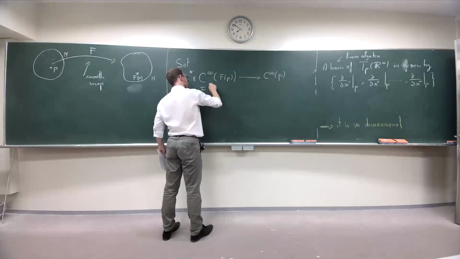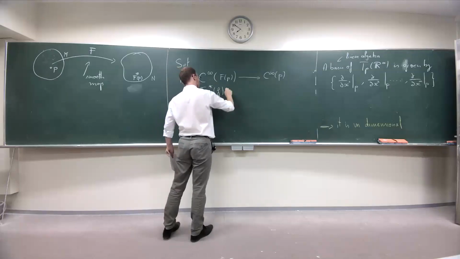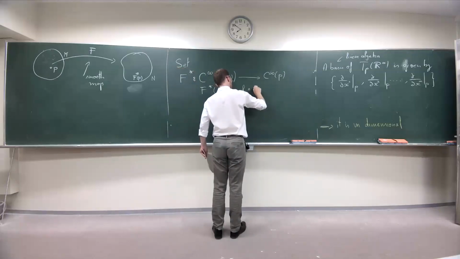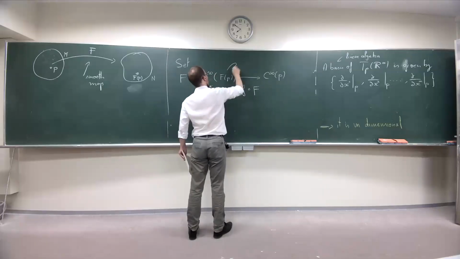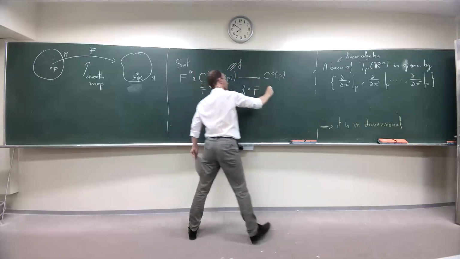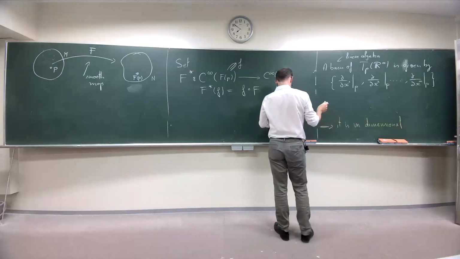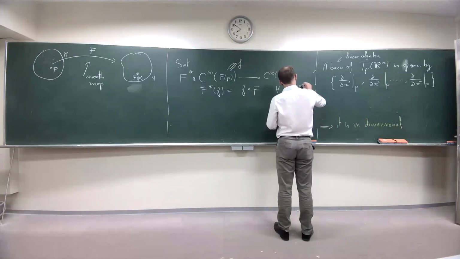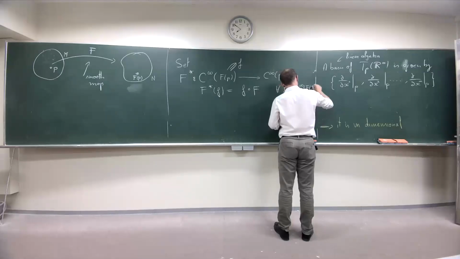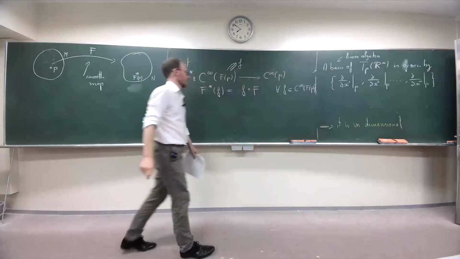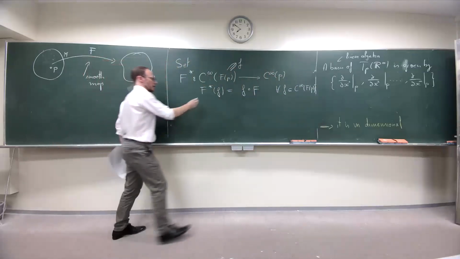F star on f is f composed with F, for any f inside C infinity of f(p). It's a definition.